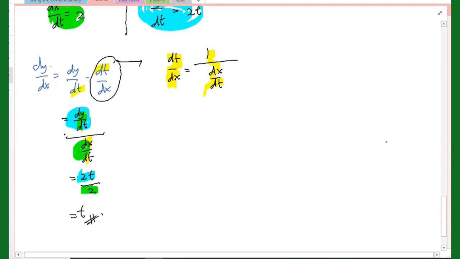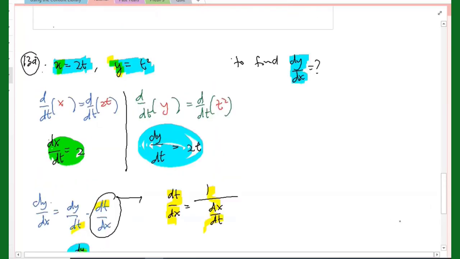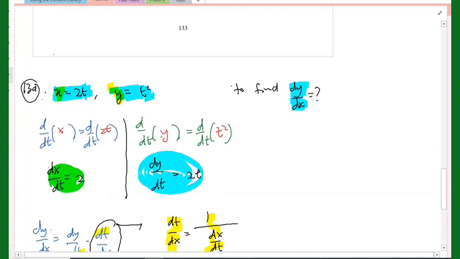The idea is we want to find dy/dx in terms of the parameter t, so we need to use the chain rule. But what else does it say? Find dy/dx when t is equal to 1. Oh, I forgot, t is equal to 1.